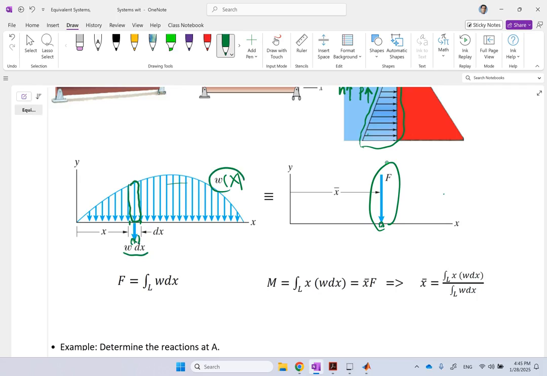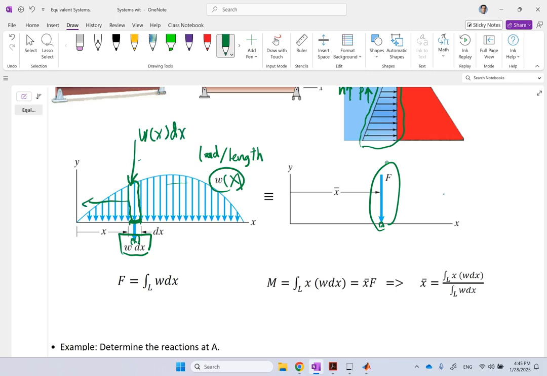Because this w is load per length. So if I want the load in that area, I have to multiply this w by the length of this element, which is dx. So this is the equivalent force that you have over there. So you can replace it with one single load, w(x) dx. And this is just the load for that small portion.